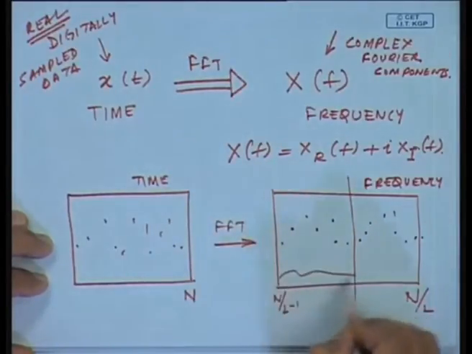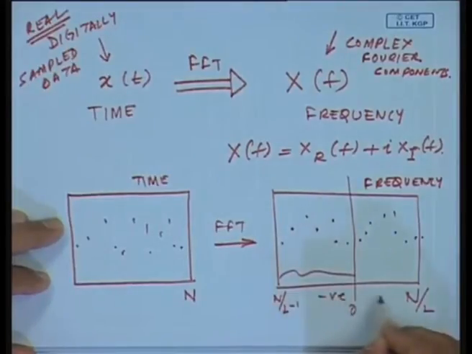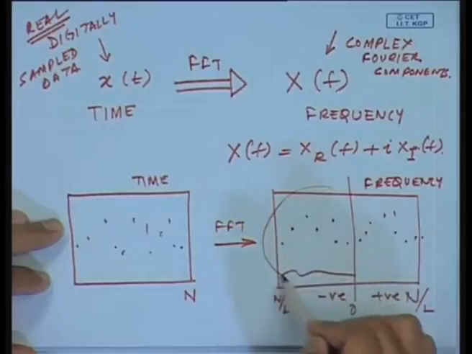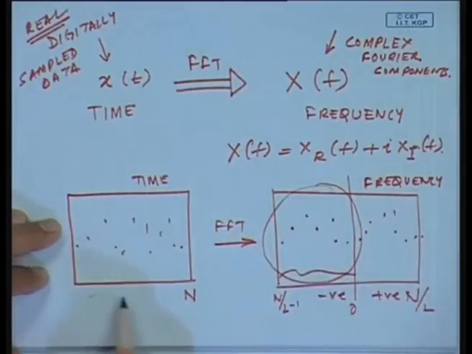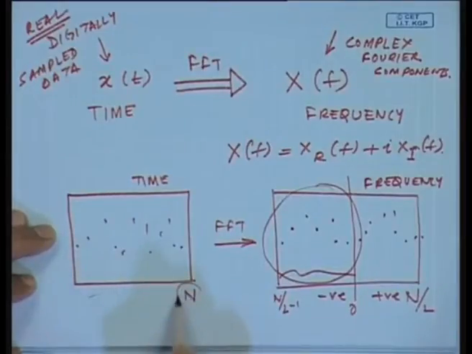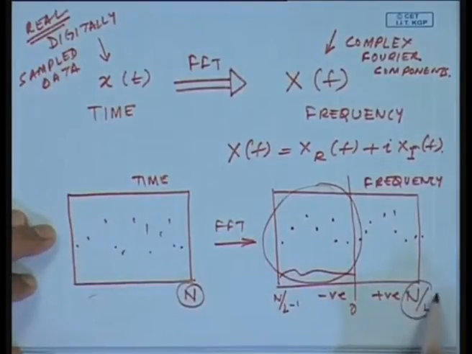This could be sought as the negative frequency and this is the positive frequency. For real world signals, we actually discard this data, we do not use it. So, any n data points will give us only n by 2 meaningful FFT results. Okay.